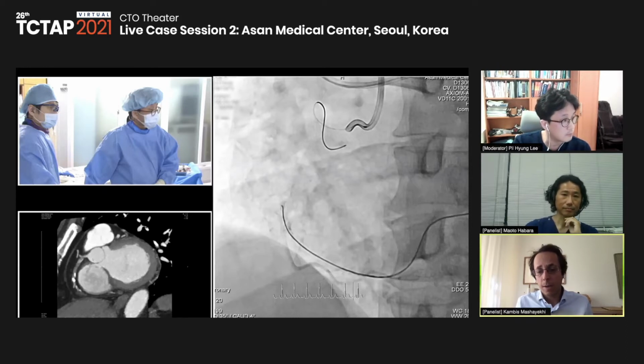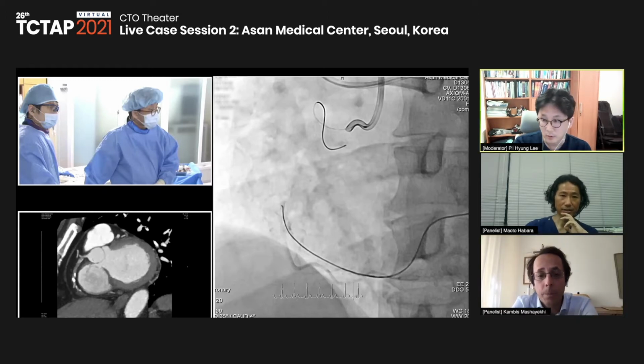So to have those kind of coils, like Axiom or Concertino, as Habara said in Japan. And then sometimes you have to think of bigger vessels, 2.5 or even 2.0 vessels, which carry a higher risk of bleeding. We even need bigger coils for the Progreat microcatheter from Cook, as you mentioned.